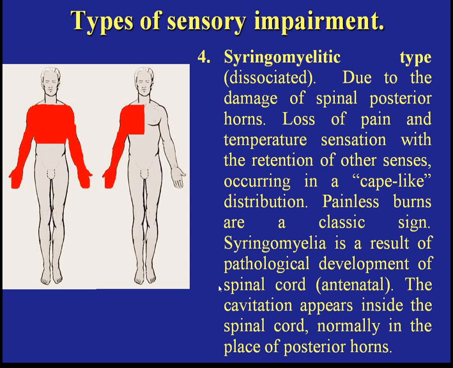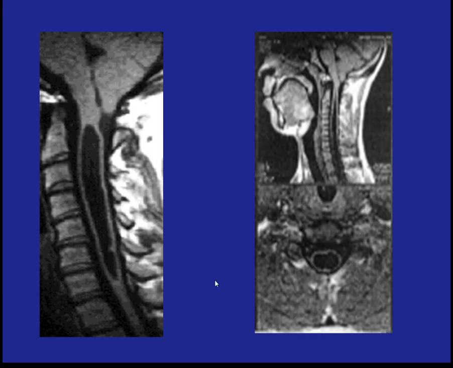Syringomyelia is a result of pathological development of the spinal central canal. The cavitation appears inside the spinal cord, normally in the place of posterior horns. I want to show you an MRI of the spinal cord with cavitation inside the spinal cord at the cervical level. So, a big cavity, 1, 2, 3, 4, 5, 6 vertebrae long.